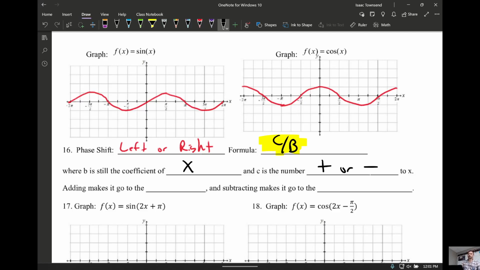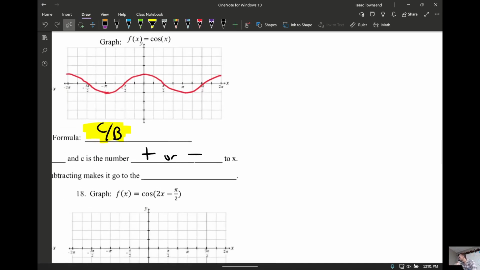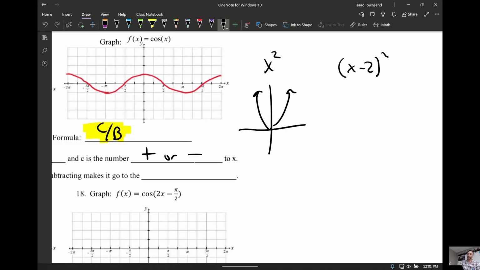Now, the direction can be kind of counterintuitive, but it is consistent with other algebra stuff that you guys have done. If this is what x squared looks like, what happens if you make it x minus 2 squared? What did that minus 2 do? That's the right to. Right.